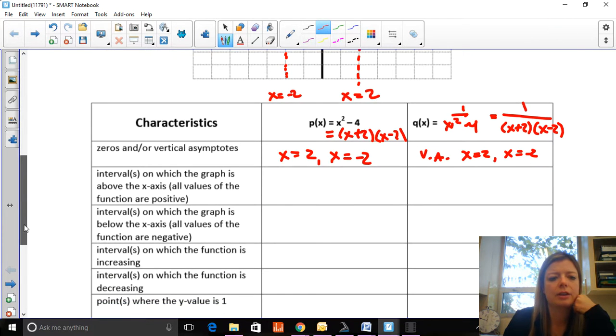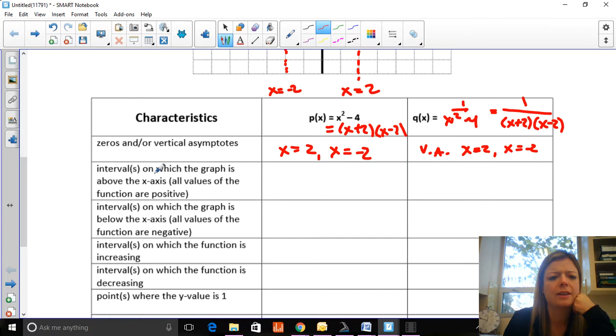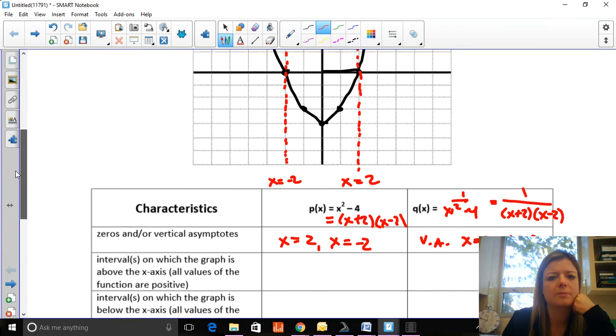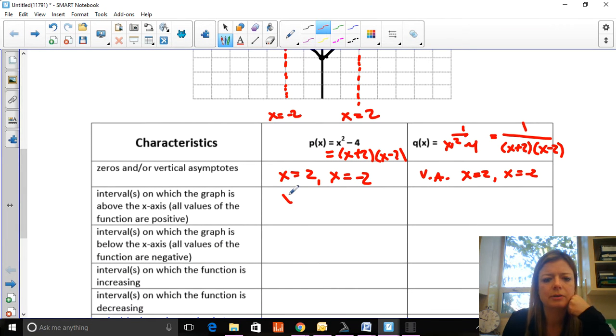Then I'm going to look at the intervals over which the graph is above the x-axis, so where it's positive. In this case, the parabola is positive before negative 2 and after 2. So the reciprocal will be the same because they're positive in the same location.